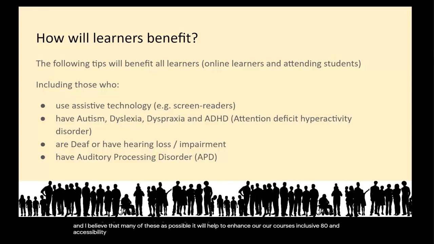So some of these tips will be more applicable to online learners using the virtual learning environment, but others will be more specific to attending students who are sitting in a lecture theatre. However, most of these tips are universal good practice ideas, and they'll benefit both of those sets of students regardless of how their course is delivered.